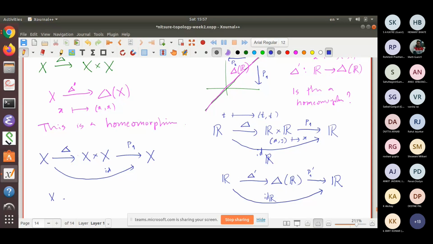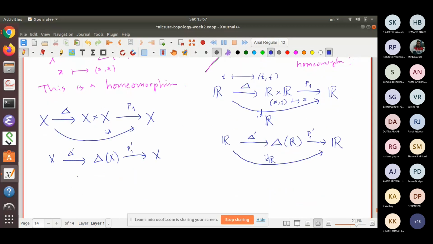So this also means that x going from this map to delta of x, and this is P1 prime if you want to call it that, then this composite is identity. So we have shown that P1 prime composite this delta prime is equal to identity of x. Is that enough to say that this is a homeomorphism?